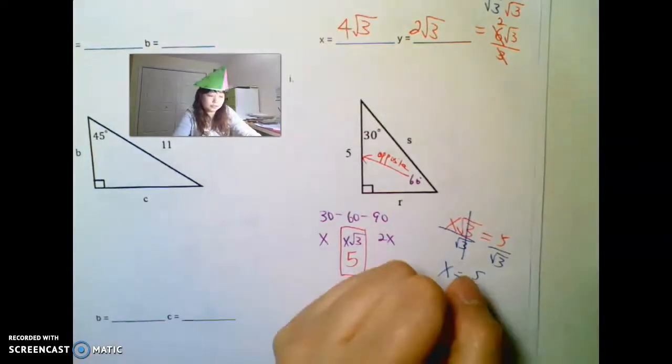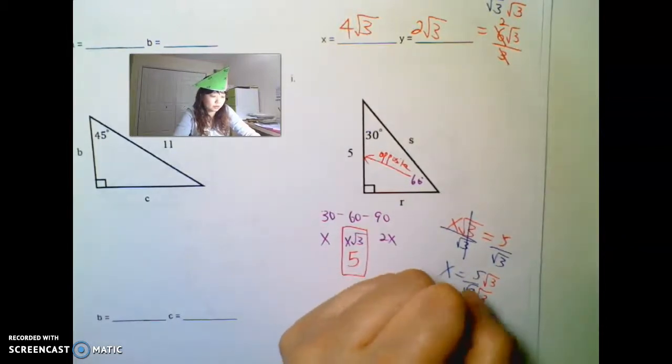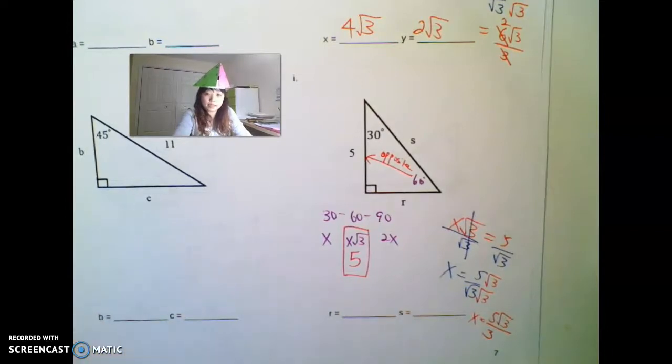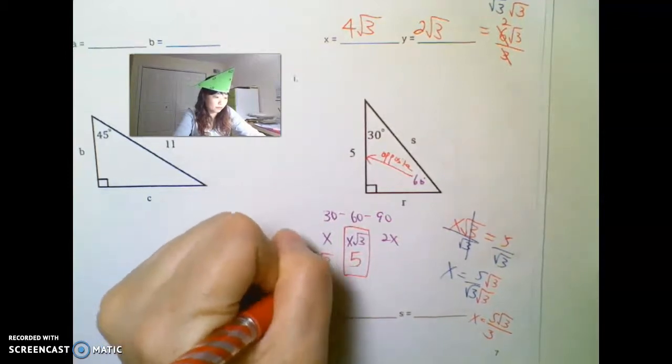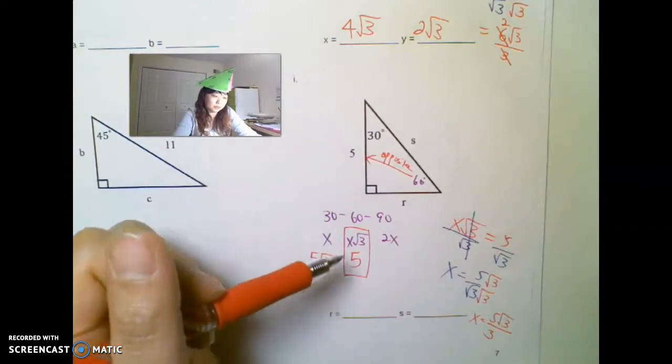Not done yet. You gotta simplify. No radicals in the denominator, so that makes 5 radical 3 divided by 3. That is as simple as it gets. So that is going to be what x is. 5 radical 3 divided by 3. Now, what is 2 times this?